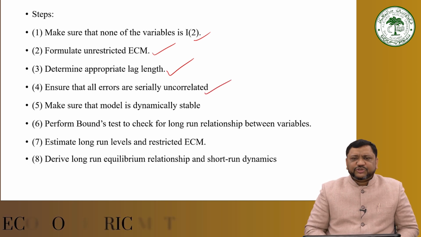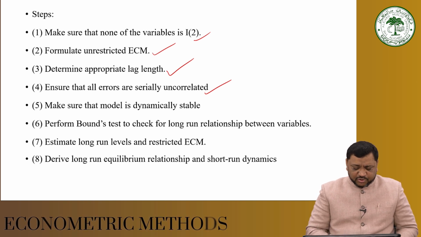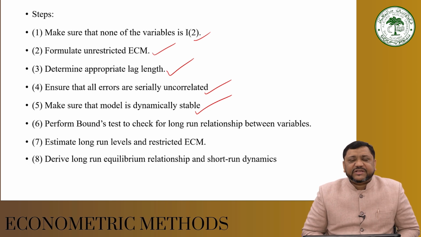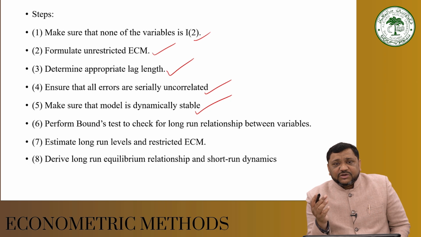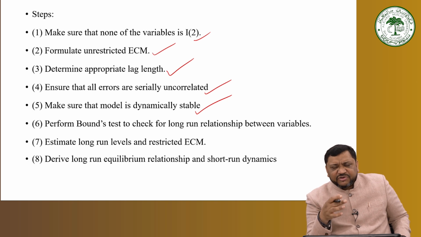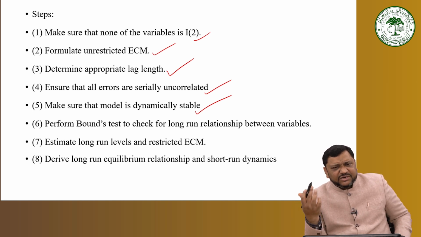Now we ensure that all the errors are not serially correlated. We make sure that the model is dynamically stable. In Johansen cointegration, once we have done the trace statistics, max statistics, and the error correction model, and we see the ECT is fine, then we go for the serial correlation test, heteroscedasticity and normality.